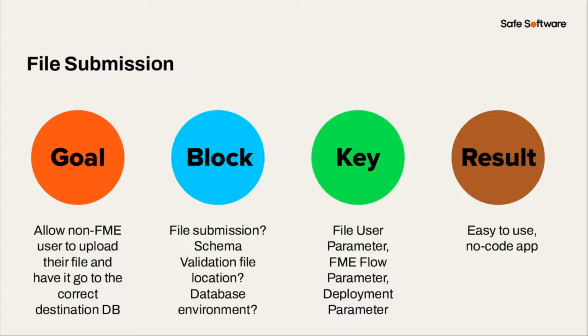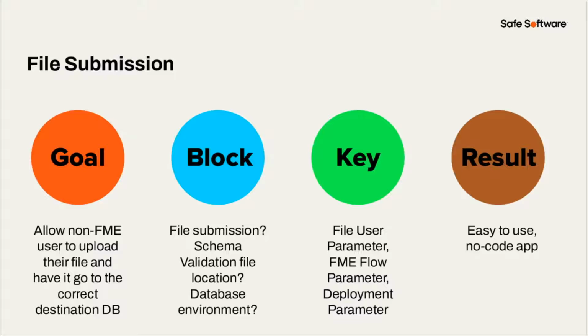So our goal again is to allow non-FME users to upload their CSV file and have it go to the correct destination database. And our blockers are, well, how do we easily let them submit that file? We want to validate the schema of that file and make sure it's okay. And so we need to have a validation schema file, and where are we going to store that?